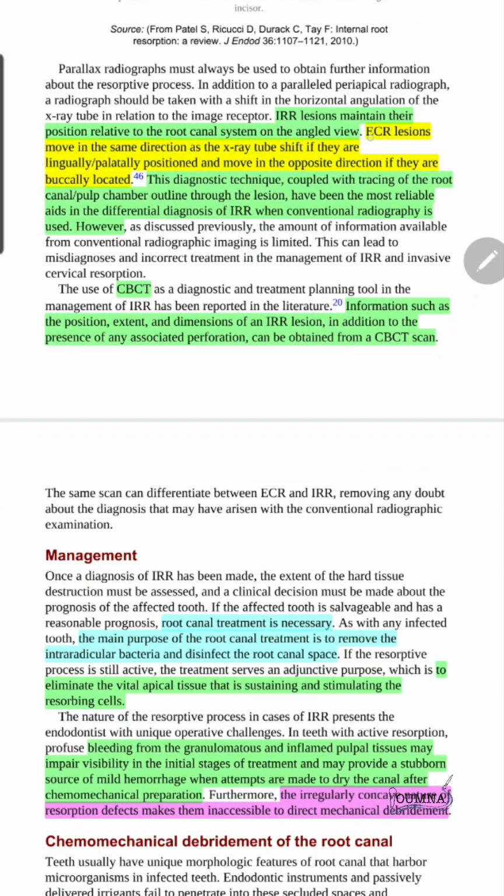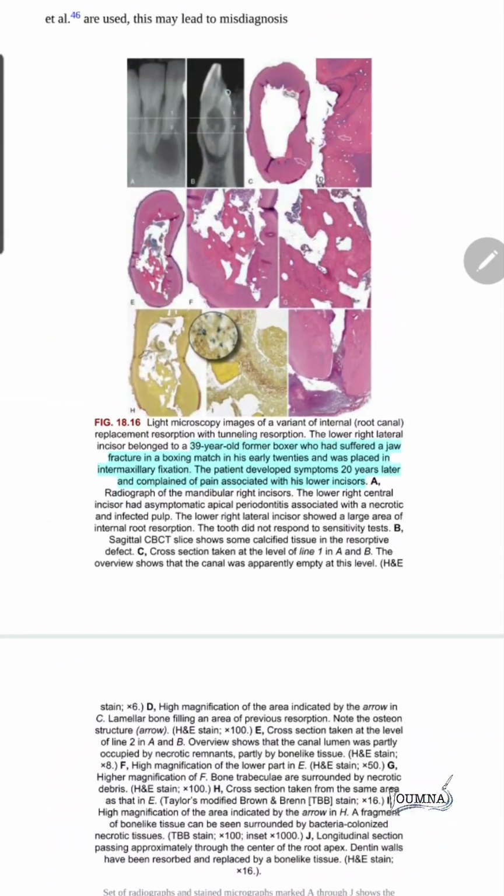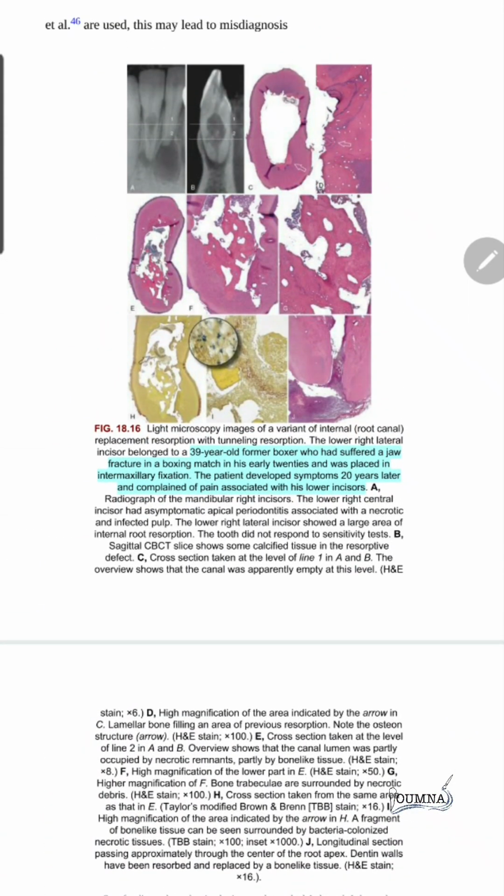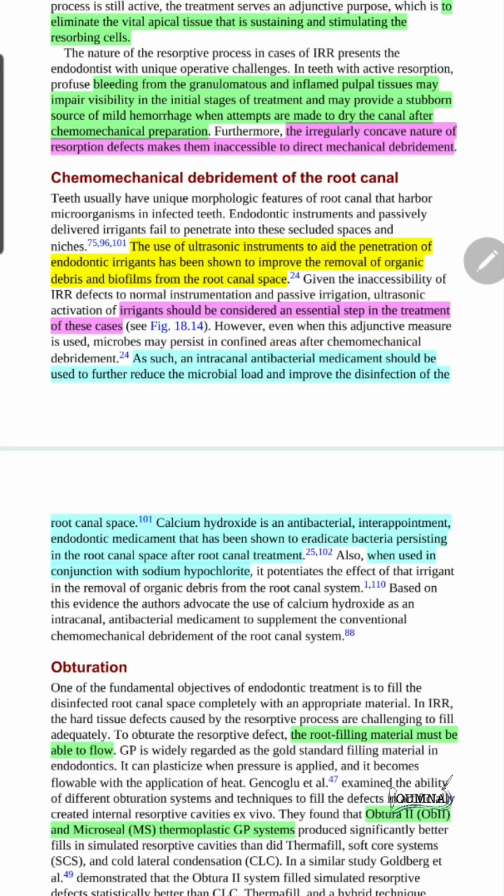The IRR lesion maintains its position relative to the root canal system on the angled view. They stay in the same position even if we change the angle of the radiographic imaging.